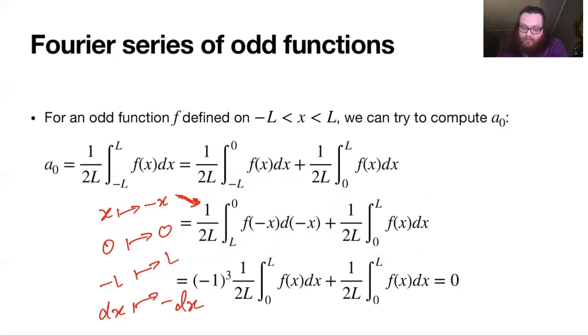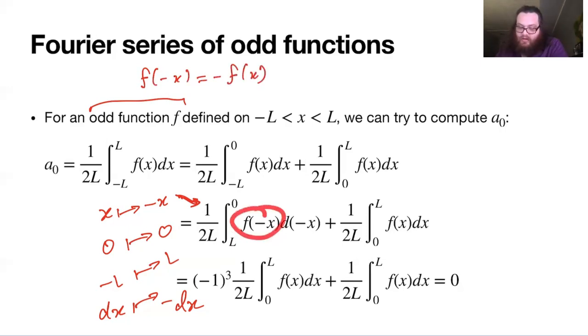But now we can use the fact that f is an odd function. Odd function means f of negative x is equal to minus f of x. So here, this is going to give us a negative sign, which we pull out. This negative we also pull out, and it gives us another negative.